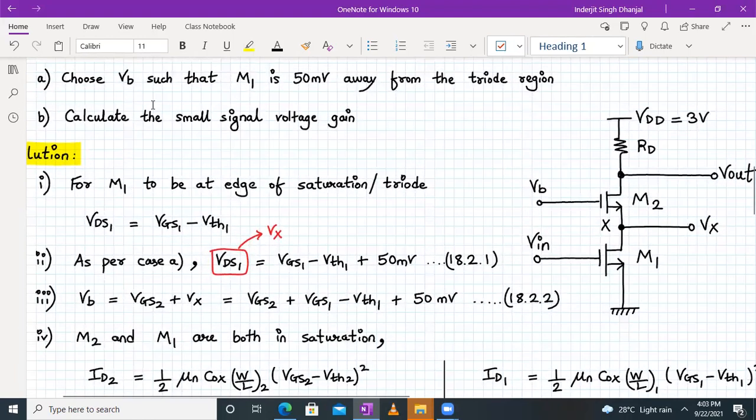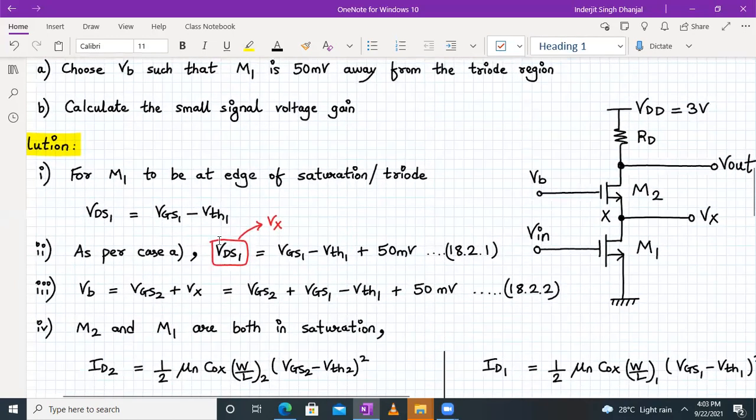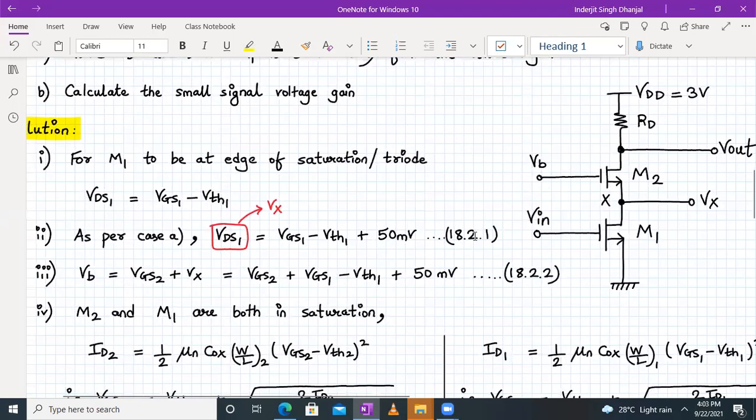And as per our case, VDS1 should be equal to VGS1 minus VTH1 plus 50 millivolt, because here it is written that M1 should be 50 millivolt away from the edge of the triode region. So we can write VDS1 is equal to VGS1 minus VTH1 plus 50 millivolt. We call this equation number 18.2.1.